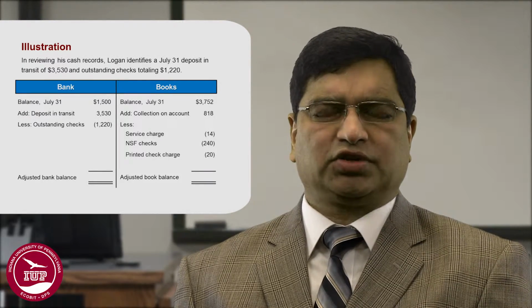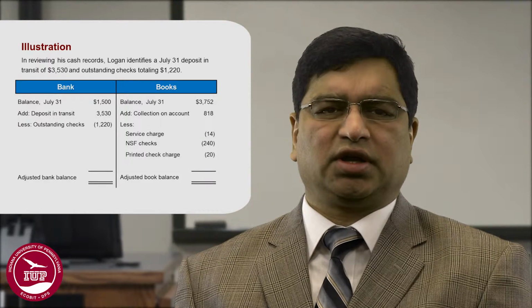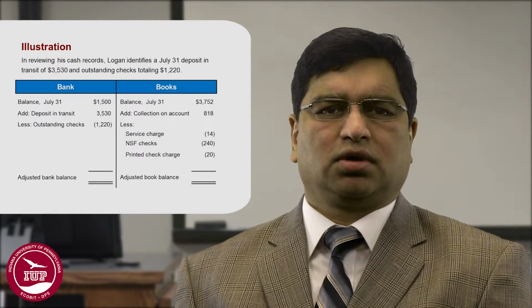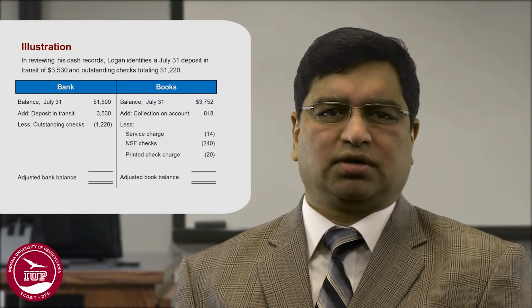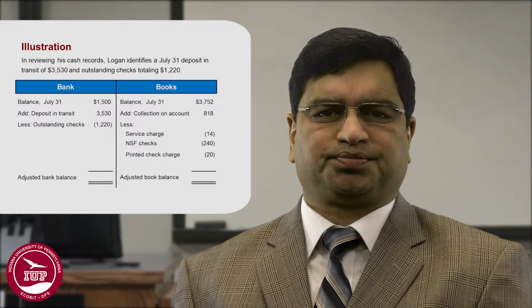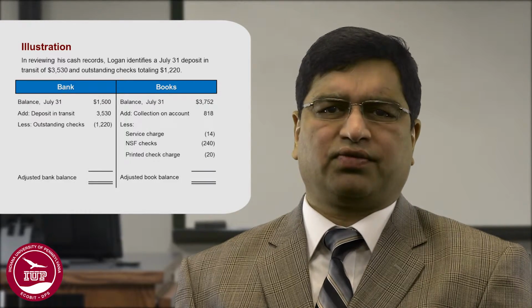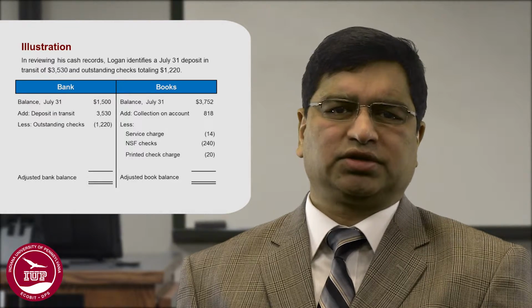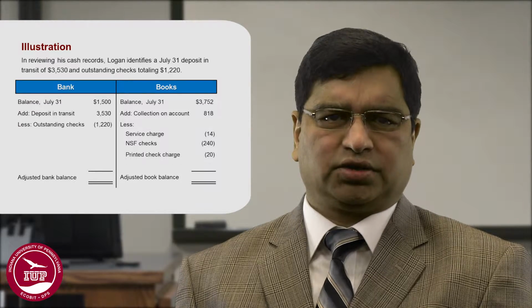Now, as far as the bank side is concerned, there was a deposit in transit, 3530, which you had already added in your books when you deposited the amount, and you probably have a deposit receipt for that. So that needs to be added to the bank balance to match the cash balance in the books. Similarly, outstanding checks of 1220 were written off from the books earlier, but it needs to be reduced from the bank balance as well so that the balance could match.